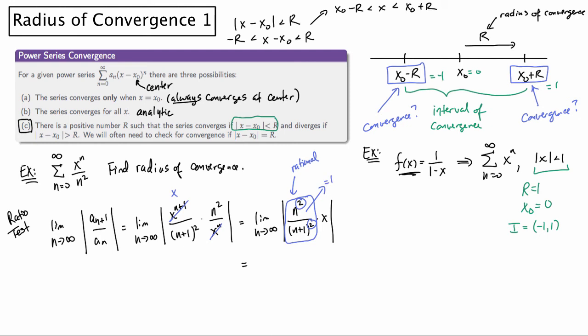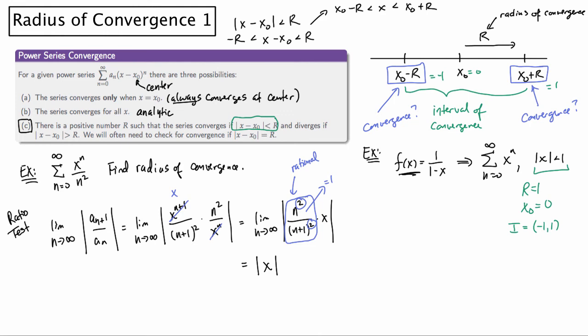And so all that leaves is the absolute value of 1 times x, or just the absolute value of x. The limit here depends on x, as we would expect. This is why it's different from the standard ratio test that we were using previously for infinite series: we have x involved now.